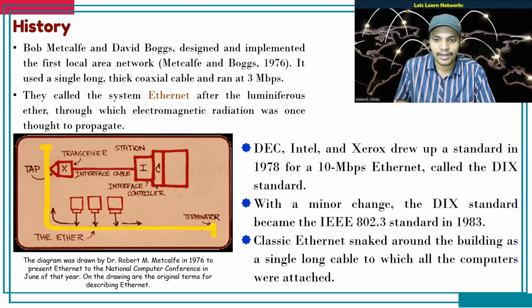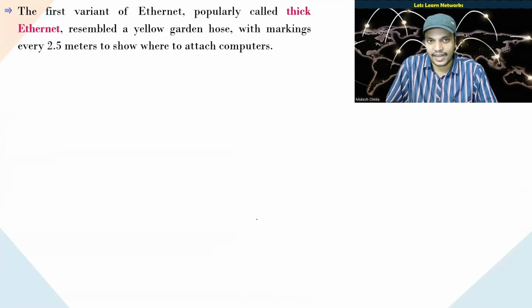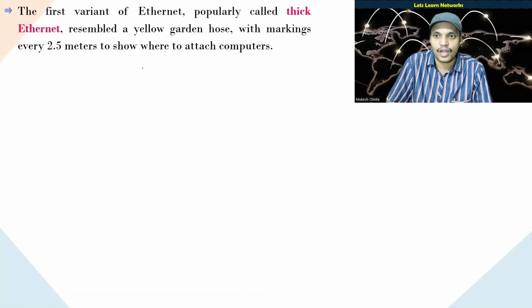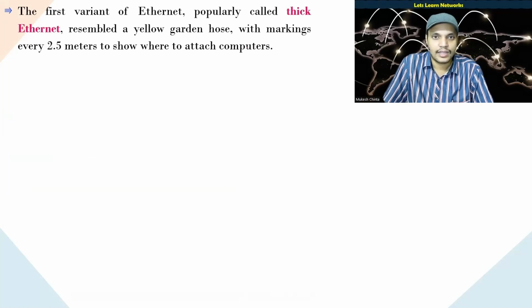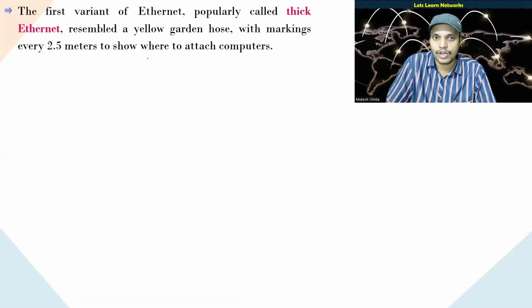Classic Ethernet snaked around the building as a single long cable to which all the computers were attached. The first form of classic Ethernet is called thick Ethernet. The first variant is also popularly known as thick Ethernet, which resembled a yellow garden hose with markings every 2.5 meters to show where to attach the computers.